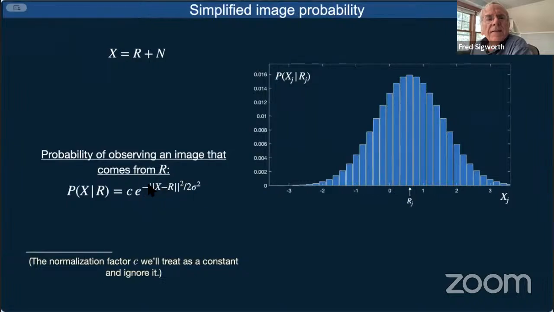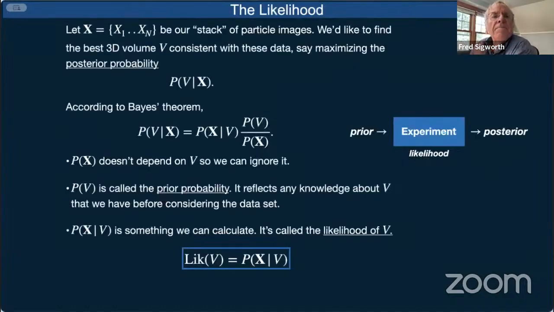So all of the complexity in this formula comes from noise. Sigma is the standard deviation of the image noise. And so this is a very precise, or can be a very precise model of the noise in the images. Now, that's the probability of an image. What's the likelihood anyway?